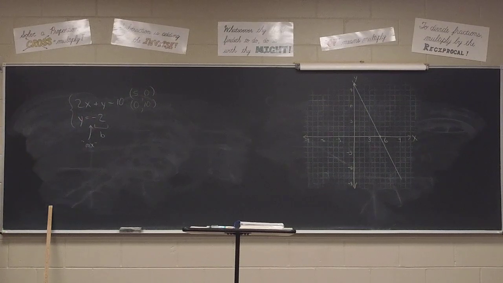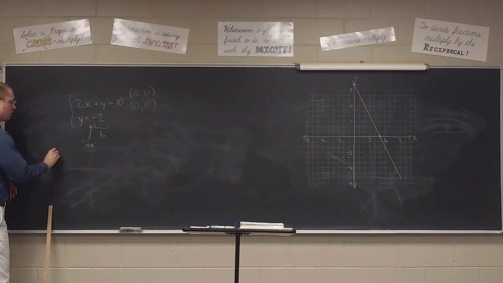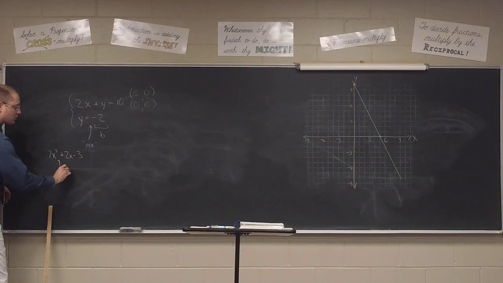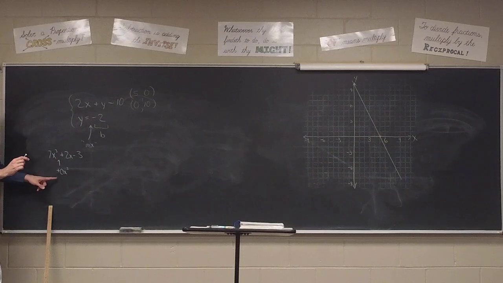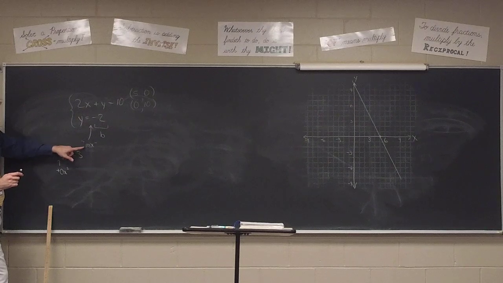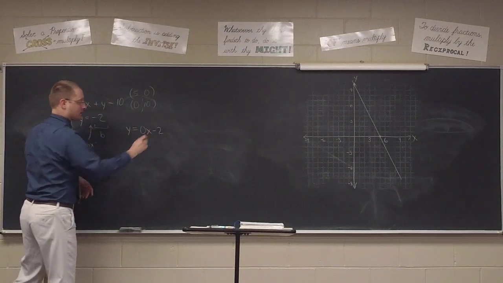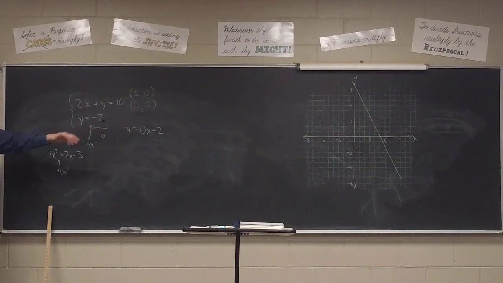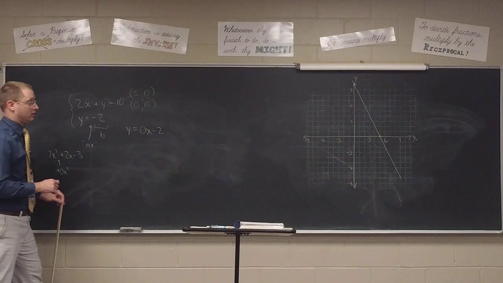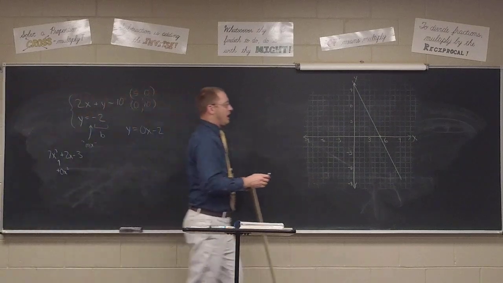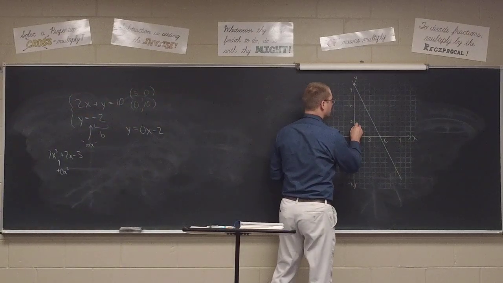Well, it's been a long time since we've looked at this in algebra. Remember when we said we've got something like 7x cubed plus 2x minus 3, we said we could write plus 0x squared? Well, I also said we could do the same thing here if we don't have an x term. I could treat this like y equals 0x minus 2. In which case, class, clearly we have a y-intercept of -2 and a slope of 0.